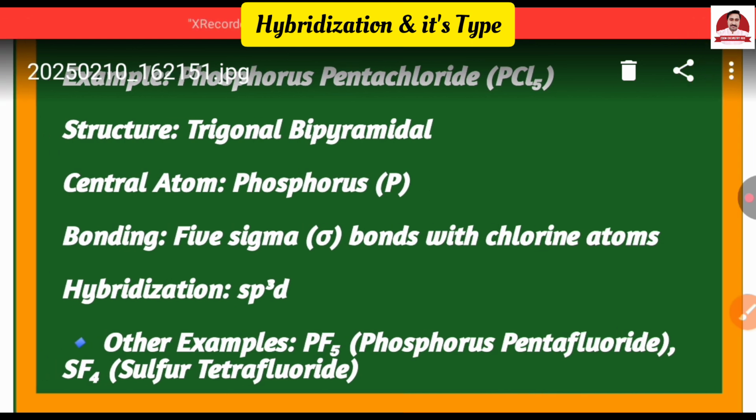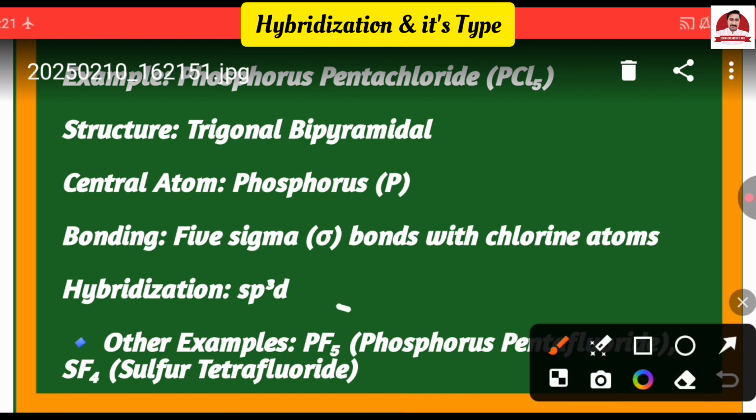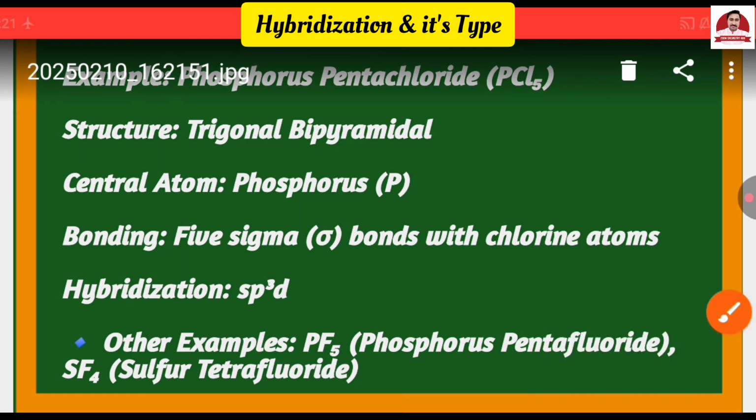Other examples of sp3d hybridization are PF5 phosphorus pentafluoride and SF4 sulfur tetrafluoride. They also have sp3d hybridization.